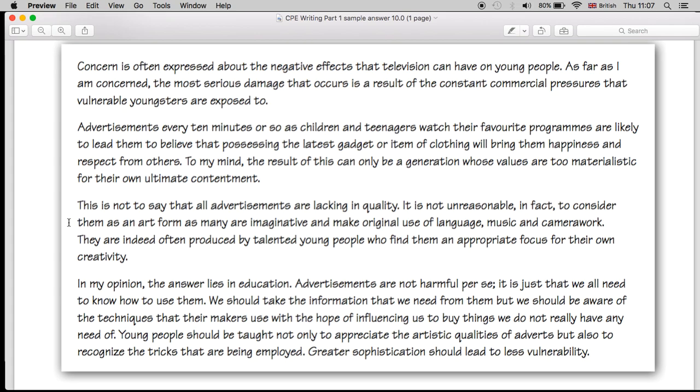Although I think one small point is missing, and that point is that it's young people who actually drive the creative force within advertising and not the other way around. However, it is still an accurate, on the whole, summary of the second text. And then in this portion, the author has put forth their own ideas.